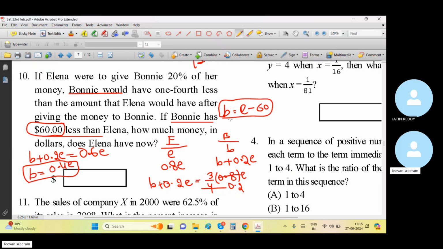We have two equations. Let's find it out. B is equal to 0.4E, and B is equal to E minus 60.